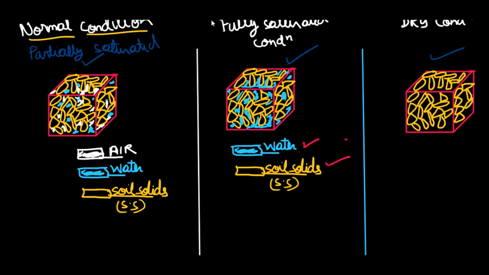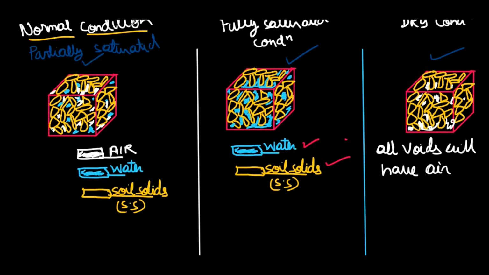There is a third condition also, that is dry condition. In this all the voids will be filled with air, like this, here also and here also. All the voids will have air only.